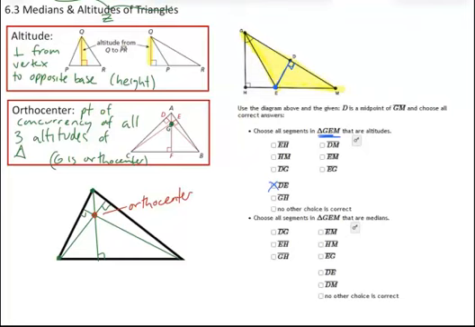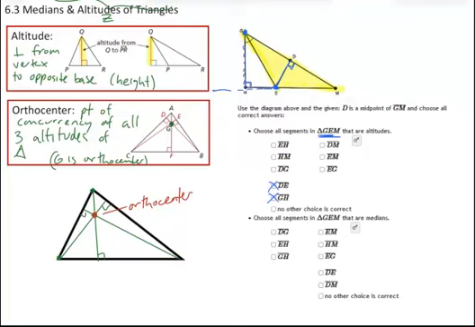All right, let's do the same thing from each of the other vertices. If we look at point G, if we want to find the perpendicular from point G to the opposite base, we'd have to extend this base out and find the perpendicular. So is GH an altitude here? Yes. So GH is also a correct answer.